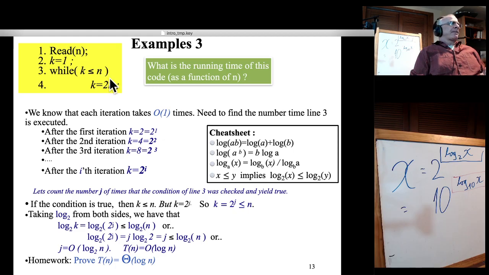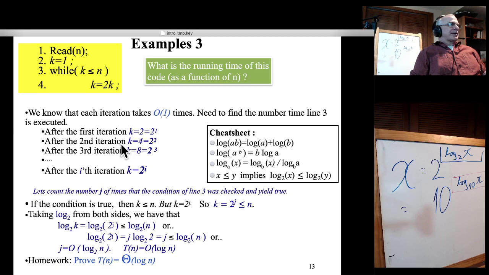To do it systematically, let's ask what is the value of k after the first time that I execute this loop. I performed k equals 2 to the k, so k that was 1 is now 2, and I'll write 2 as 2 to the power 1. Now I'll execute the loop once again.